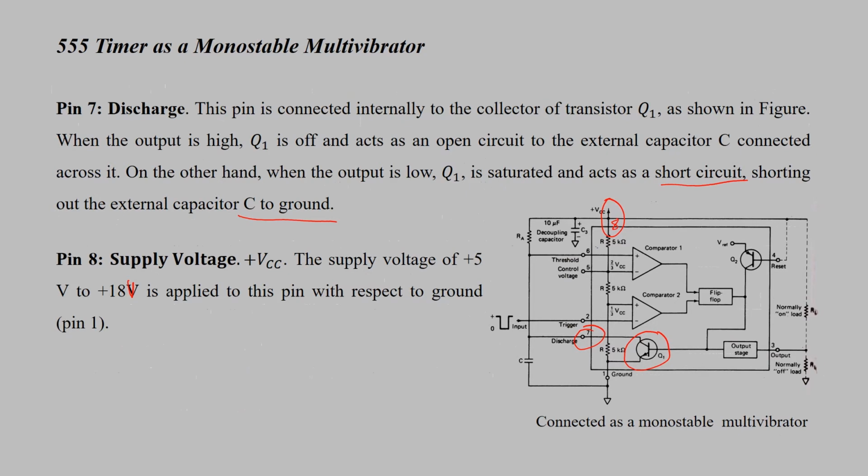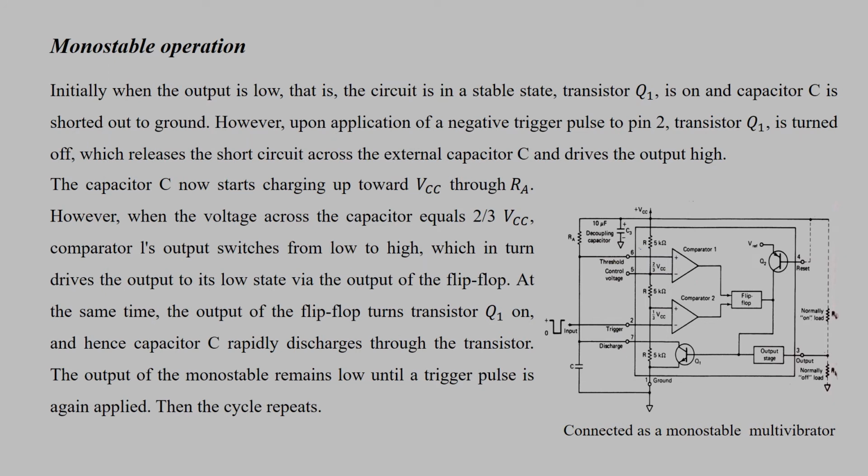So initially, when the output is low, the circuit is in stable state, the transistor Q1 is on and the capacitor is shorted to ground.